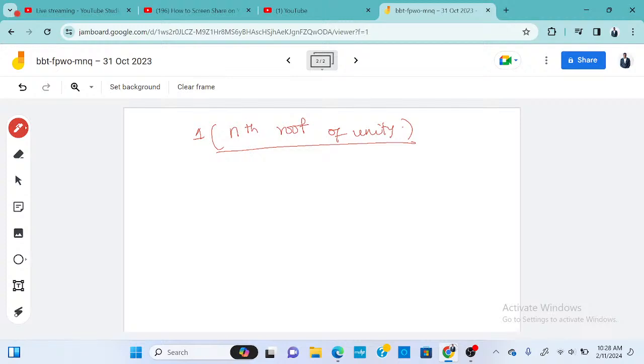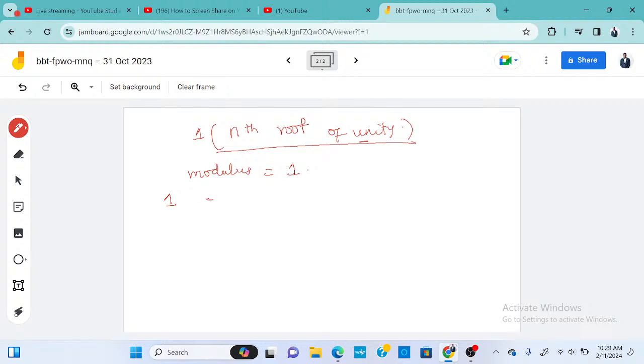In complex numbers, we have 4 possible unity. When you talk about unity, what you mean is a complex number with modulus 1. So if you have a complex number with a modulus of 1, we term it as unity. For example, you have 1, a pure real complex number, that is, a complex number with 0 imaginary part.